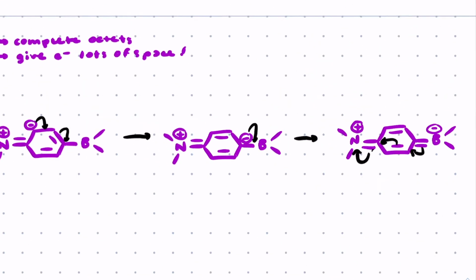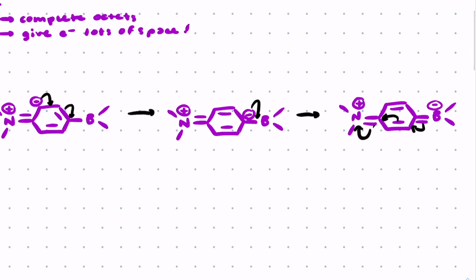But because this problem asks you to write out all resonance structures, not just the contributing ones, we will push the arrows to show the other possibilities here, even if they won't end up being contributing. So let's just do that now. The next resonance structure would just be identical to this one right here, because all we do is push these electrons back onto this carbon right here. So we don't need to draw that one twice.